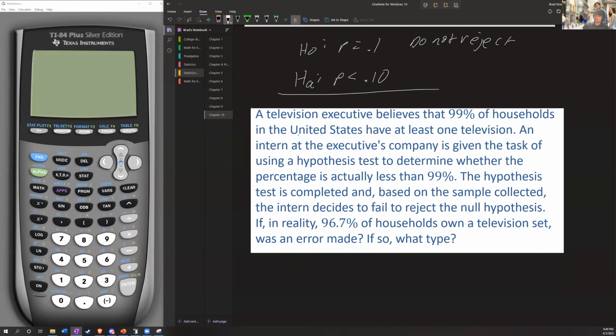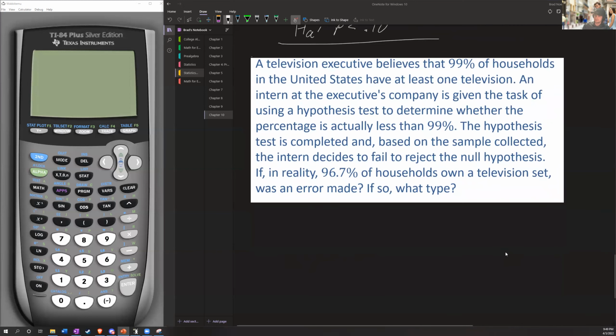Okay. So let's go ahead and take a look here. We are noting that we failed to reject the null hypothesis. So let's start with our null and alternative hypotheses. My alternative hypothesis is that it is less than 99, and the null is P equals 0.99.